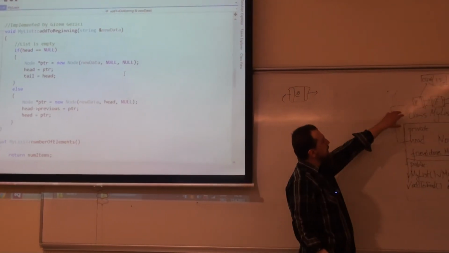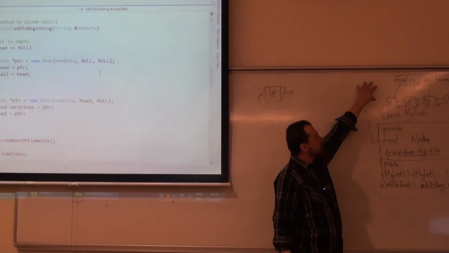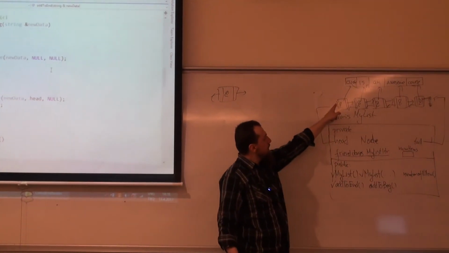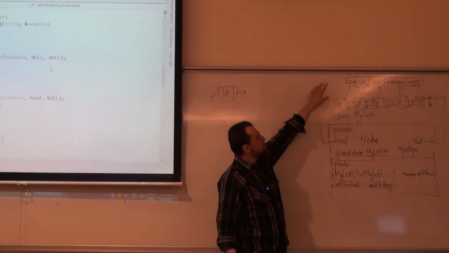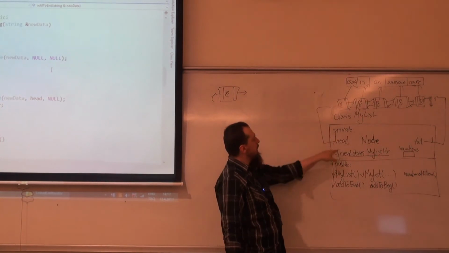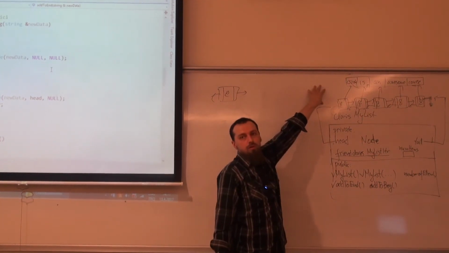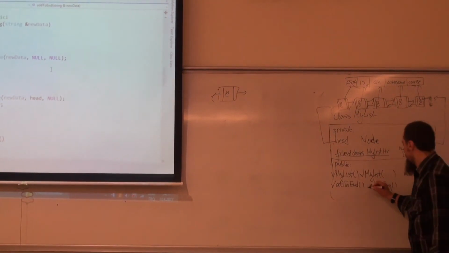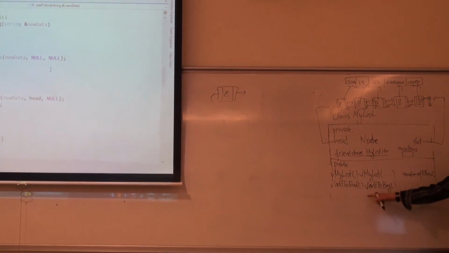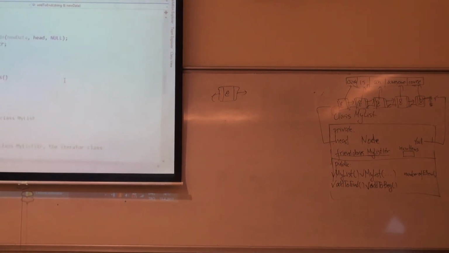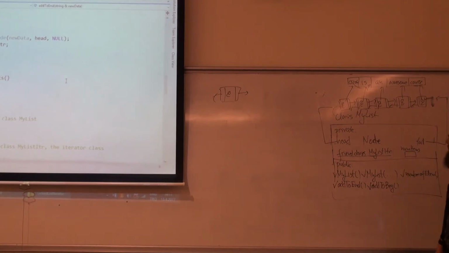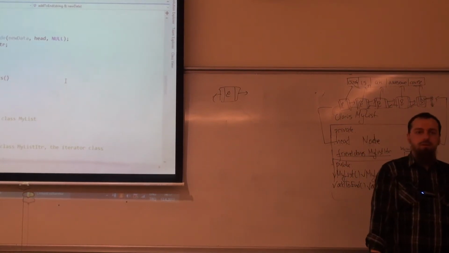Basically, if I add a new node, I create that node. I make the next pointer point to the head, then I make head previous point to the newly created node, and I make head point to the node itself. I think I don't have to explain it any further. So this is the addToBeginning function. The number of elements, of course, returns the number of items. So this is my list class.